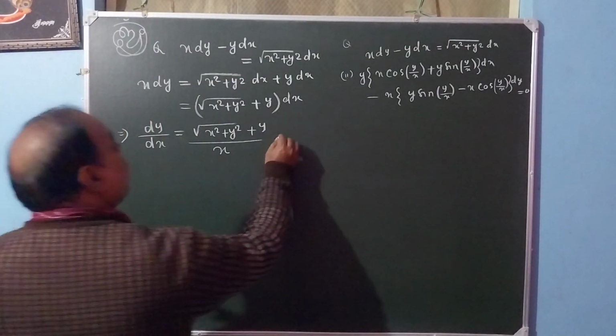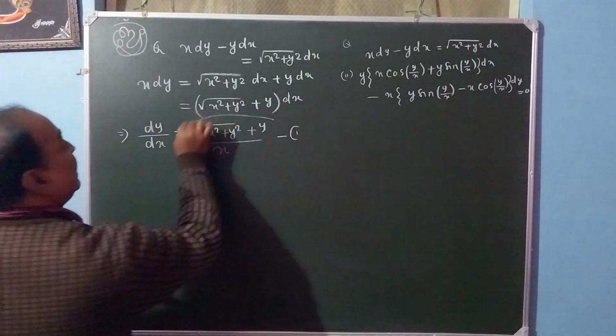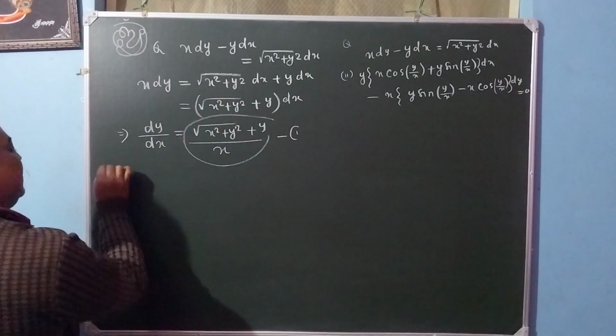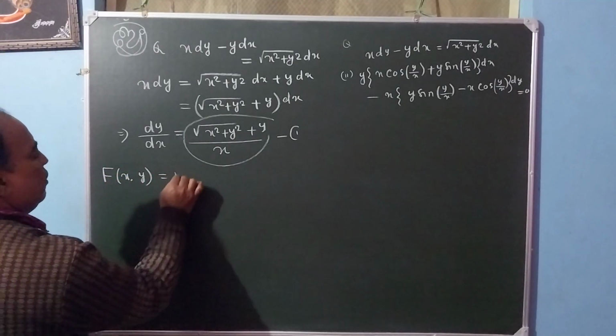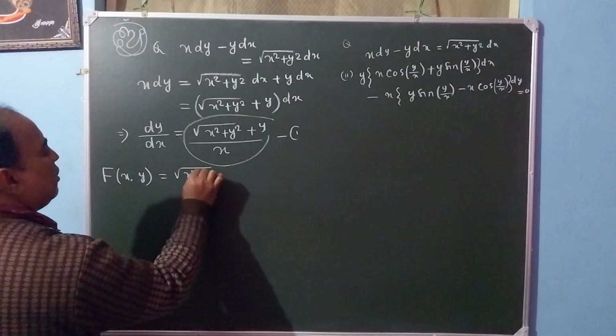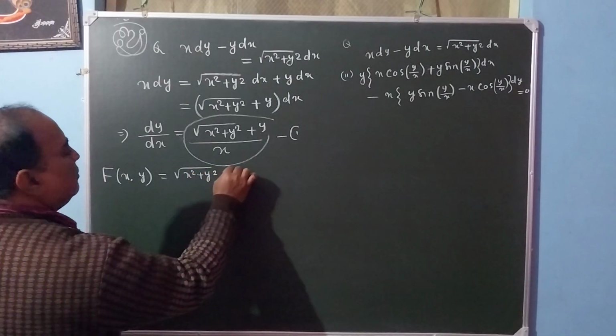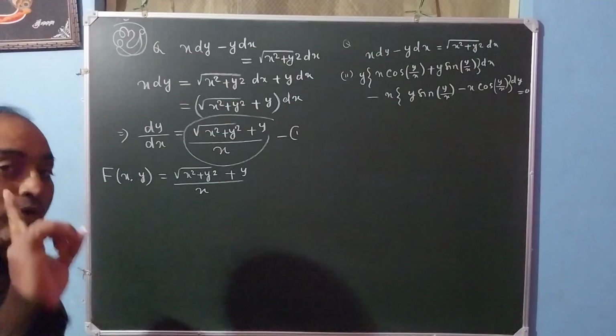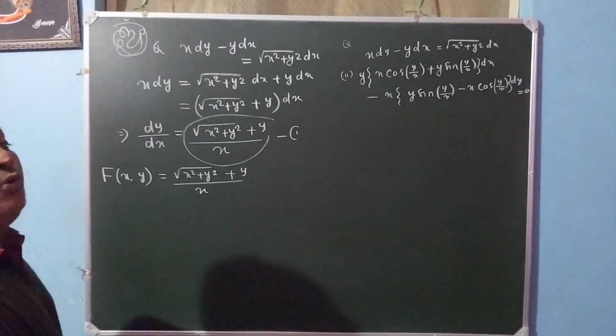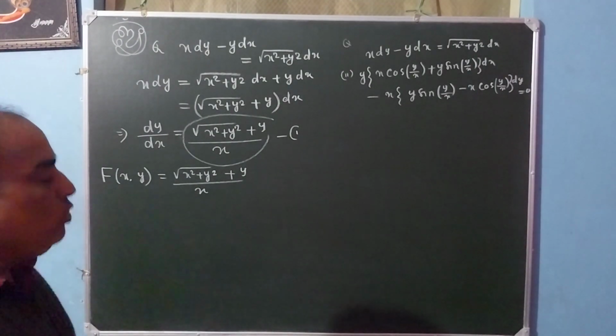So how can you do it? Let it be f of x,y. Write down f of x,y is equal to root over of x square plus y square plus y, divided by x. Always put x is equal to tu, y is equal to tv.